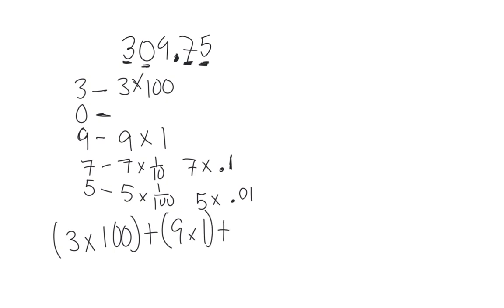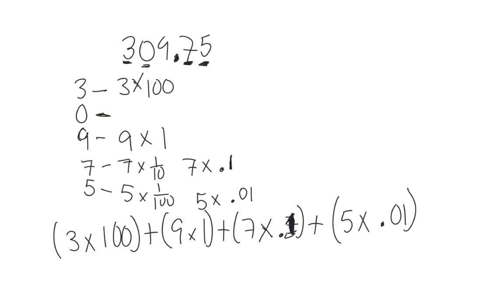You add what's next, and then you look at the 7 in the tenths place, and then you have 1/10. Again, you can write this either way. I am going to do open parentheses, 7 times 1/10, and then you add, and then you're looking at the 5. Open parentheses, 5 times decimal 0.01.